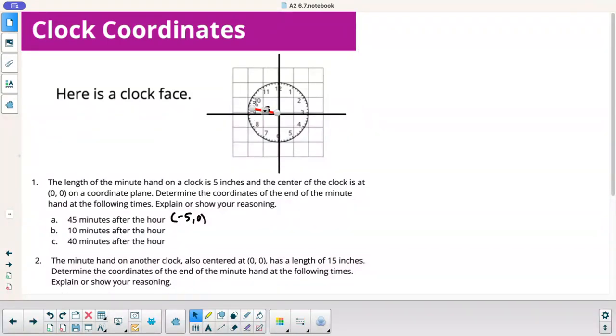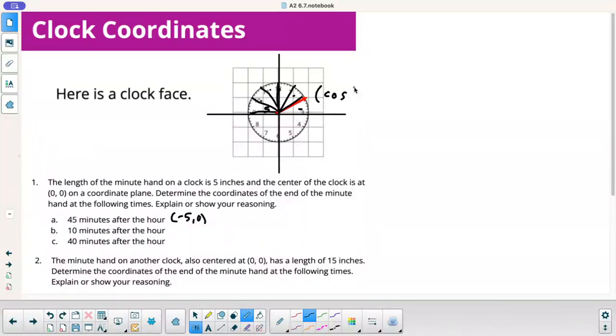10 minutes after the hour. So that would be right there. Obviously they're both positive. You might remember the x coordinate would be the cosine of pi over 6, because technically, if I split up half a circle, I'd have 1, 2, 3, 4, 5, 6 sections.